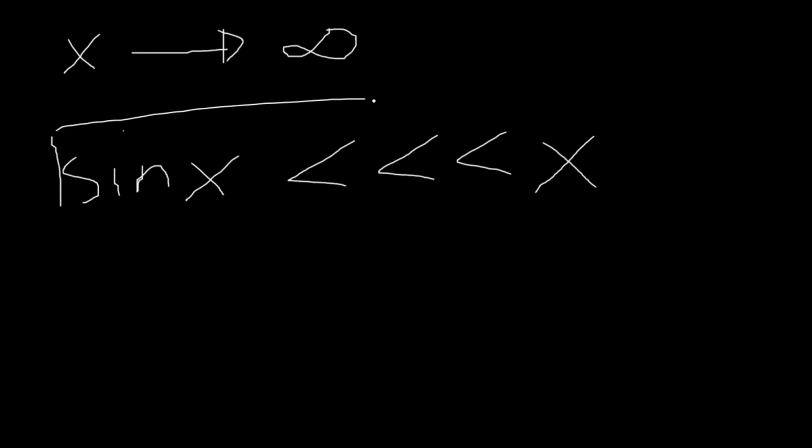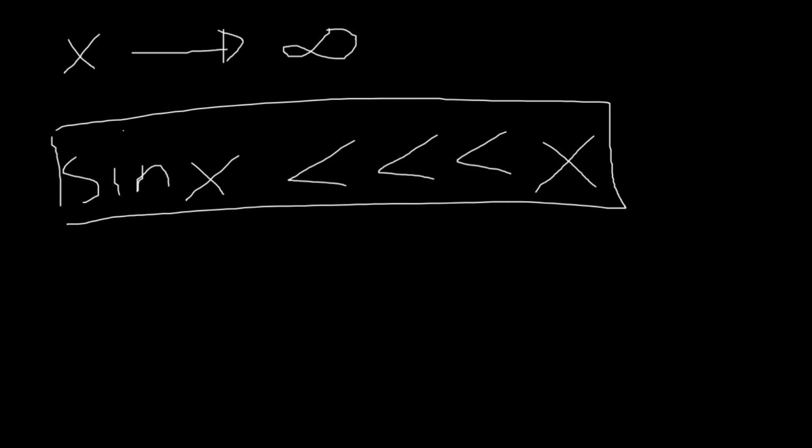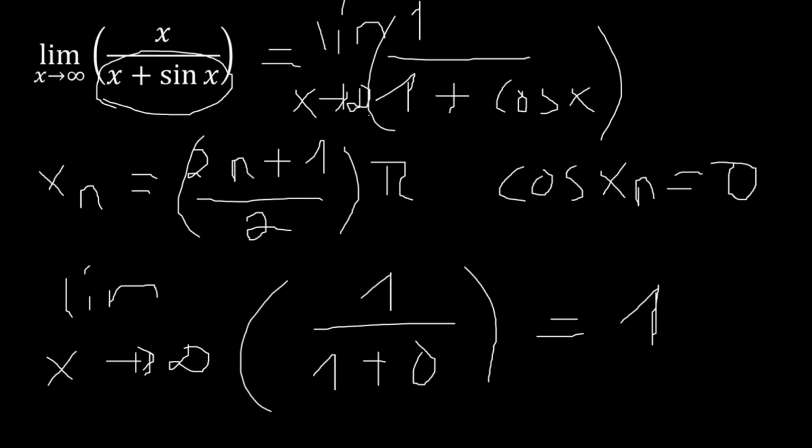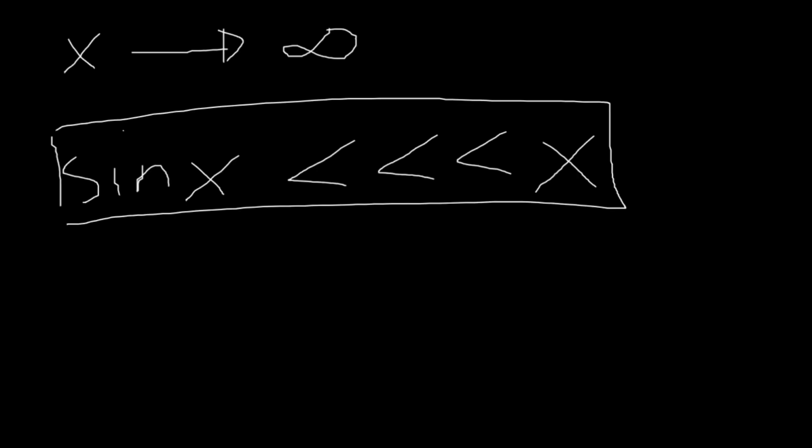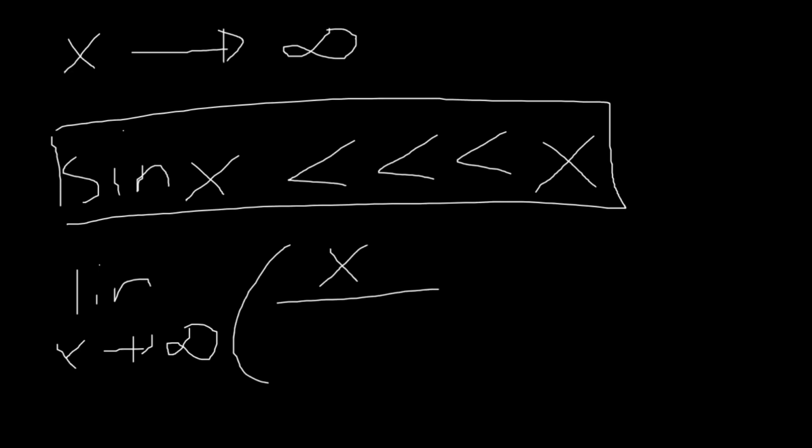Means at a higher point, we can ignore sine x, because the infinity will just cover it up to have something like x all over x. Hence, at this point, you are going to have the limit as x tends to infinity of x all over x, and that is equal to 1.